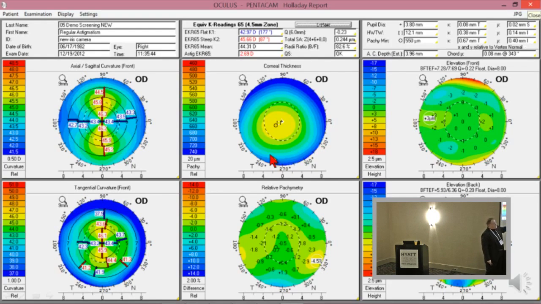When you look at that map, the sagittal map, the upper left-hand corner map, you see how that vertical bar is broken a little bit? You see there's a 3, a 5, and a 7 millimeter zone, and they don't form a perfect line.